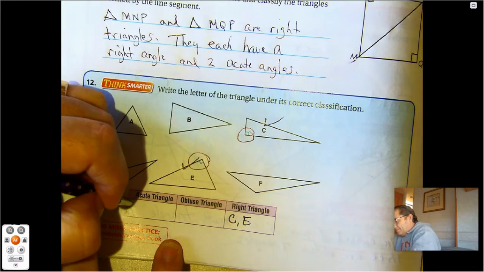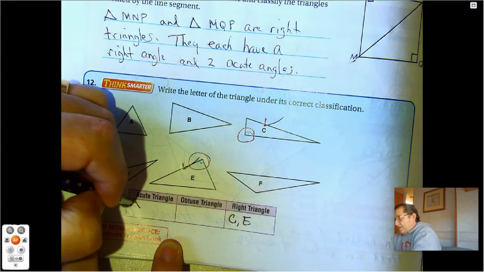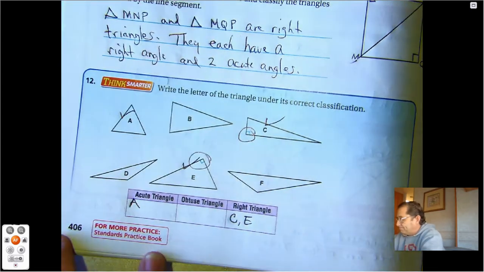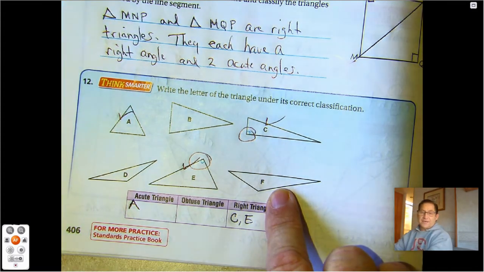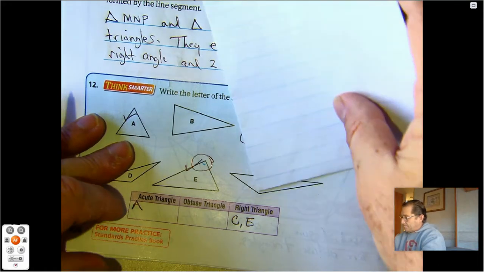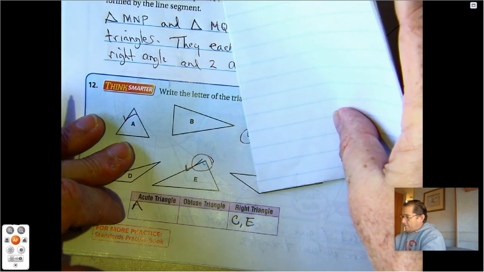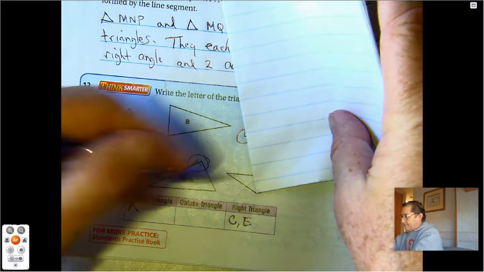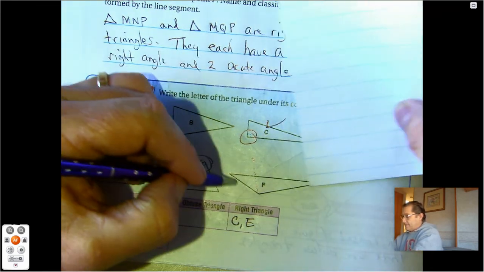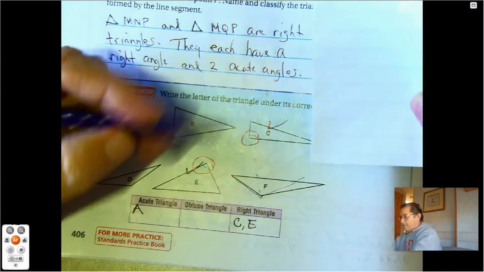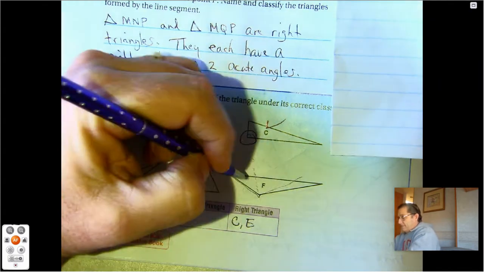Triangle A is an acute triangle for sure. F looks clearly like an obtuse triangle. Line up the corner with the vertex, and the right angle would go there. So this angle is open much wider. So triangle F is obtuse.